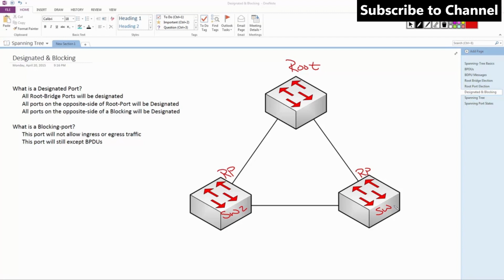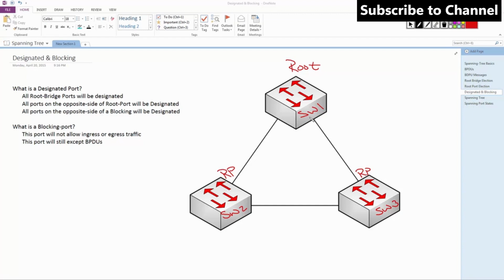Now, a designated port. What is a designated port? A designated port is a port that is forwarding traffic. So, a root bridge will always have its ports as designated ports. They will always be forwarding traffic. You would never see a blocking port on a root bridge. The root bridge will always have designated ports. If I said root port, I'm sorry.